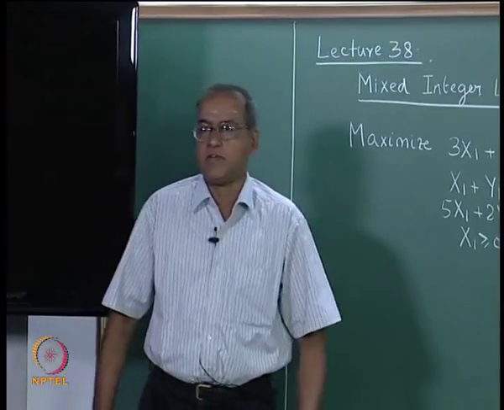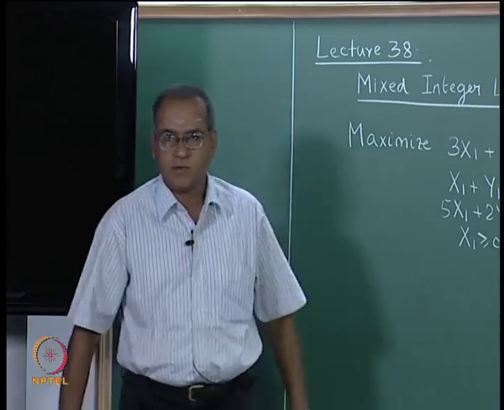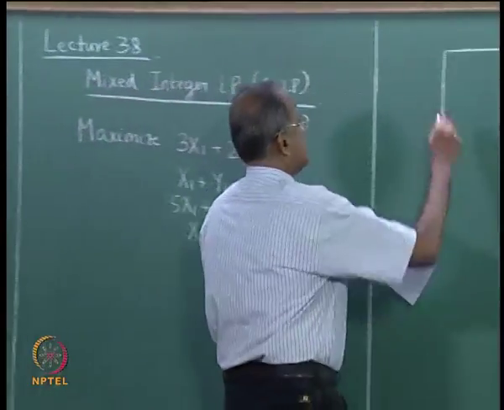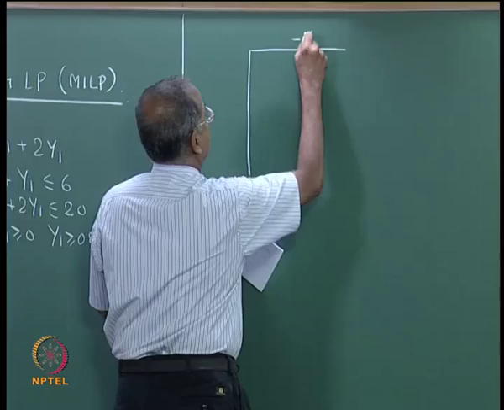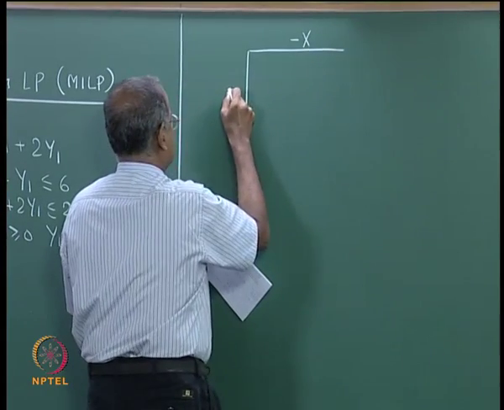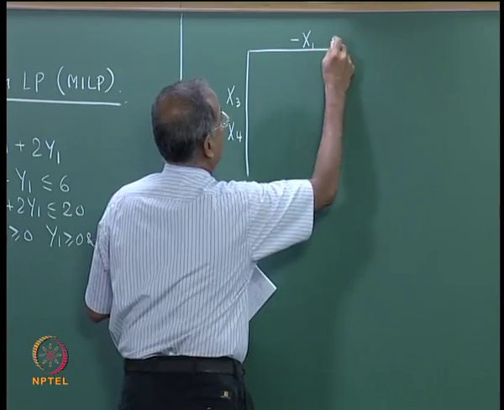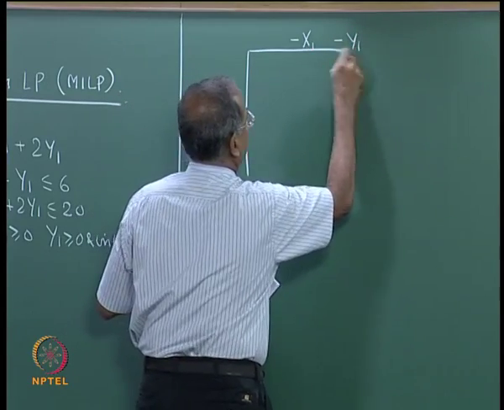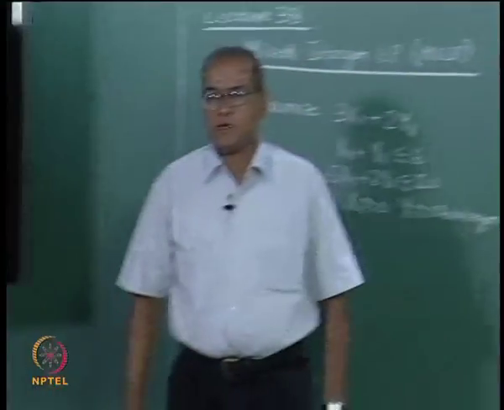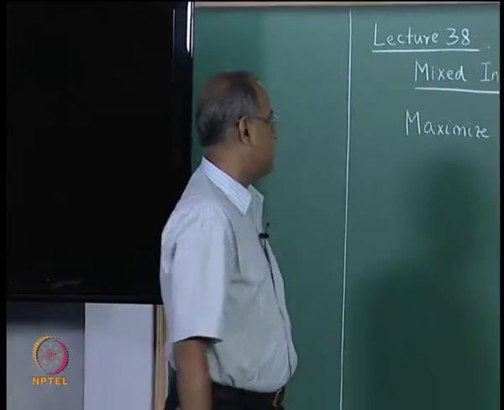They will not be integer variables. So, x3 and x4, which are continuous variables, we will start with them as the basis. So, we start with x3 and x4 and then we have minus x1 and minus y1 here as currently non-basic variables.